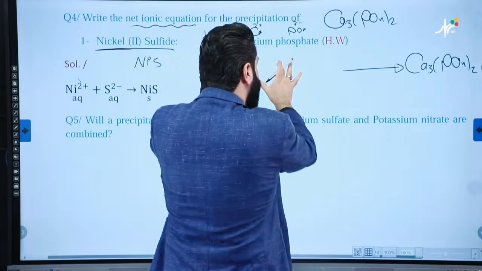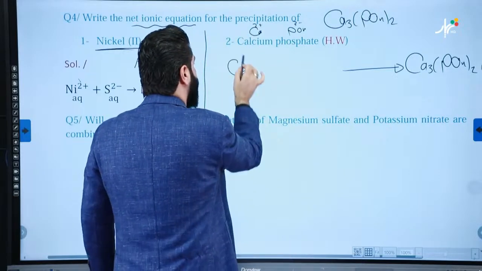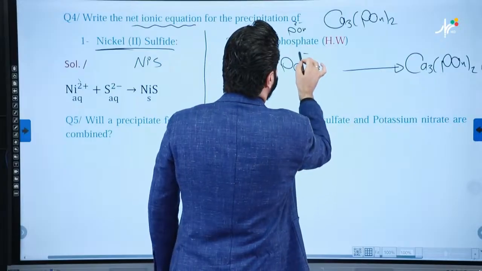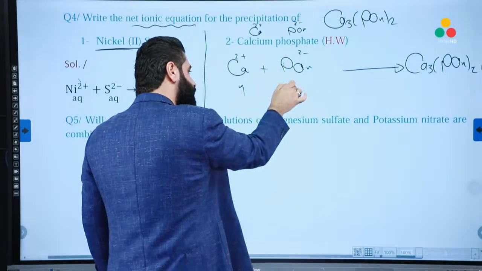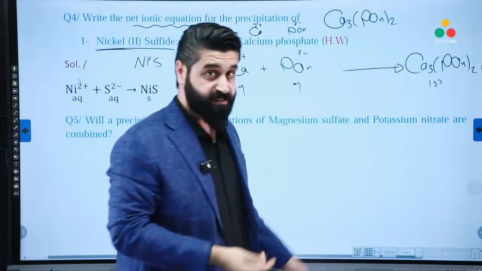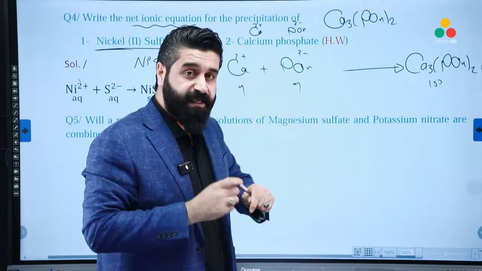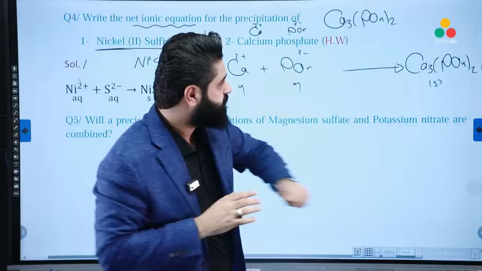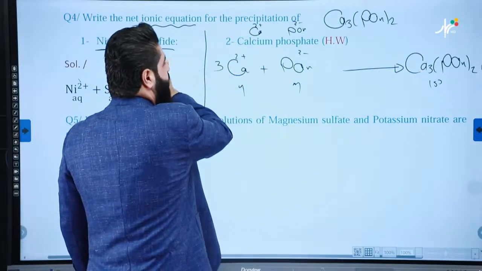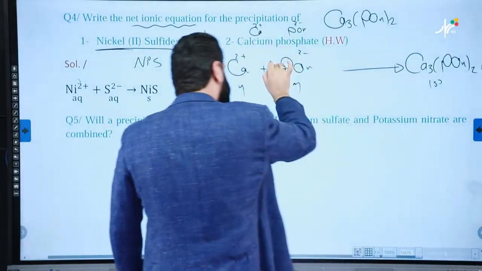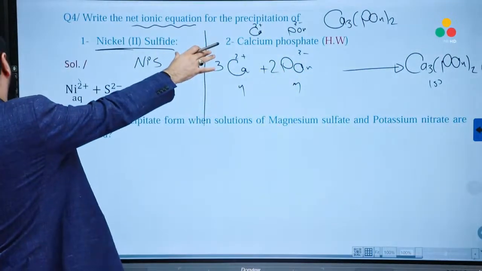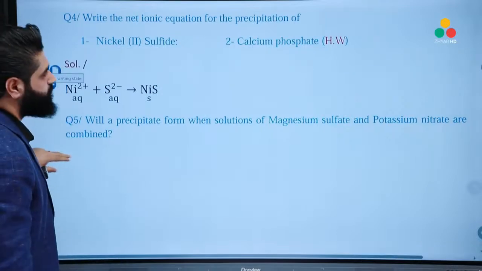And the ions here, Ca plus 2 and PO4 negative 3, aqueous. Is that enough? No, it's not enough. As I say, it must be balanced. 3 calcium, here we have 1, multiply this by 3. PO4 must be 2 here. Now, this is called the net ionic equation for the precipitation of calcium phosphate.